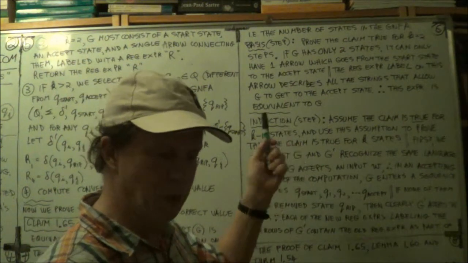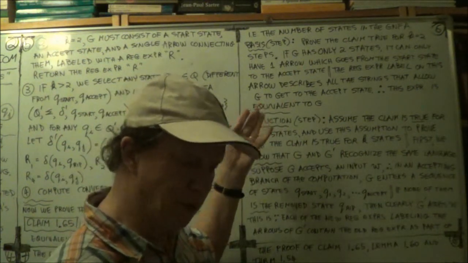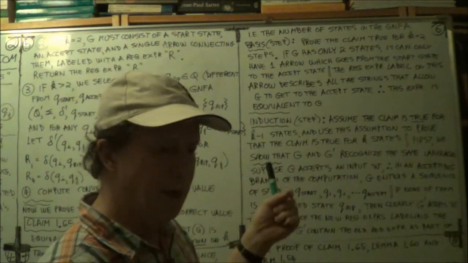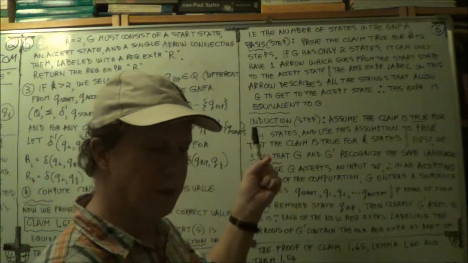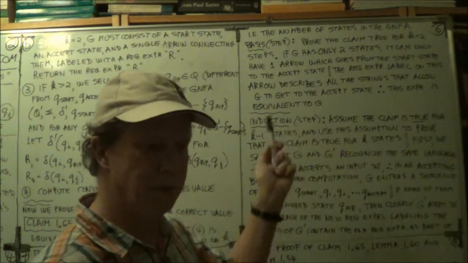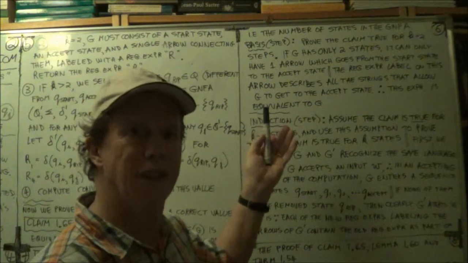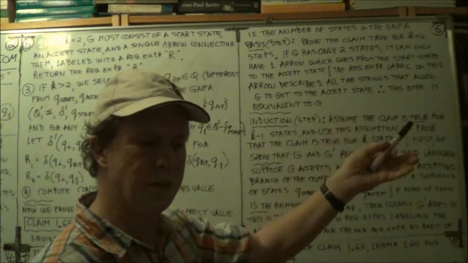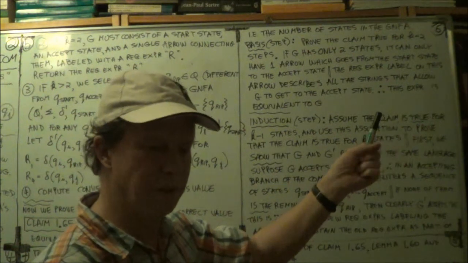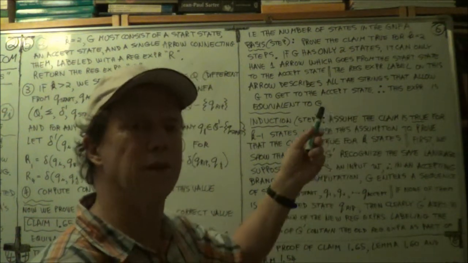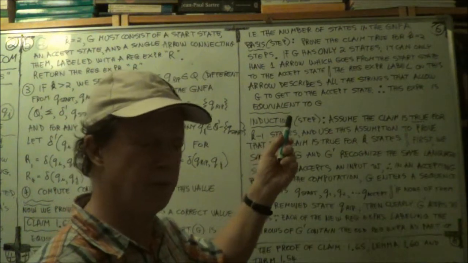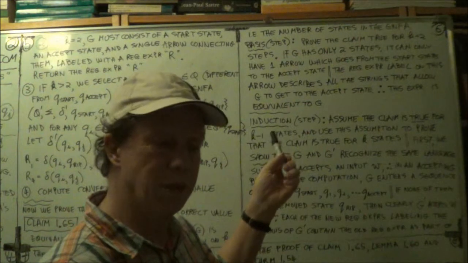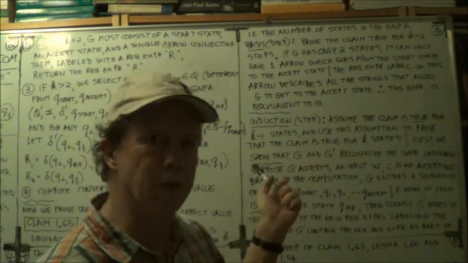Because you go just in one step from the start state to the accept state. And which strings get matched by the R? Well, all the strings that got accepted by G. Well, that means that the language that the R, the label on the transition arrow, is the same language as the language that the G is accepting. In other words, they're equivalent.